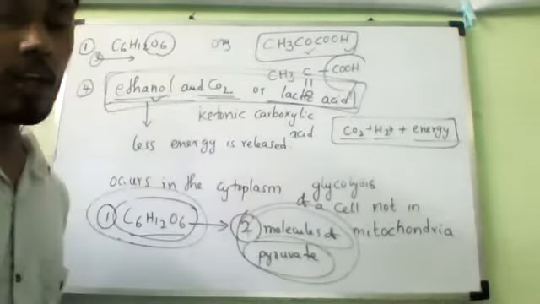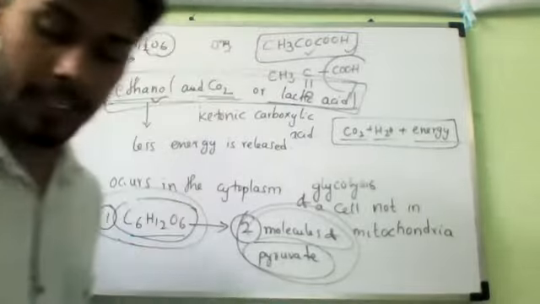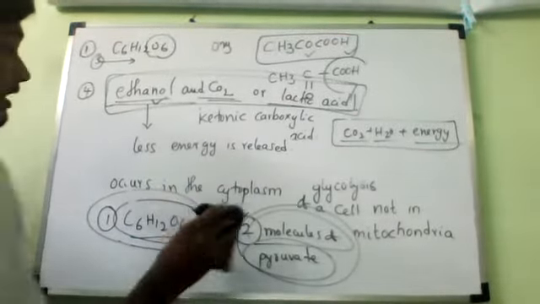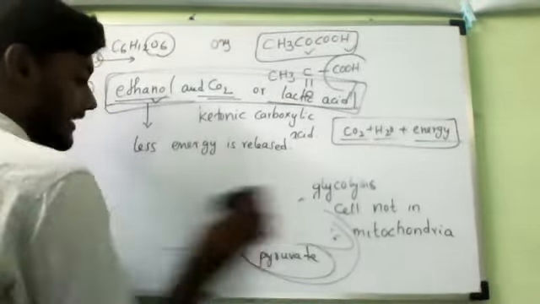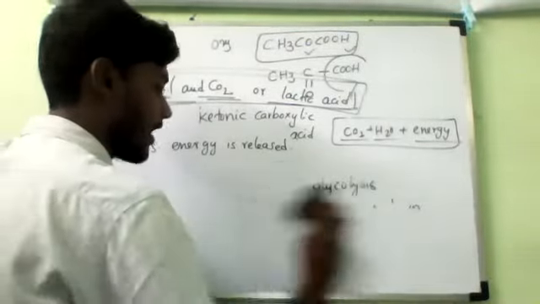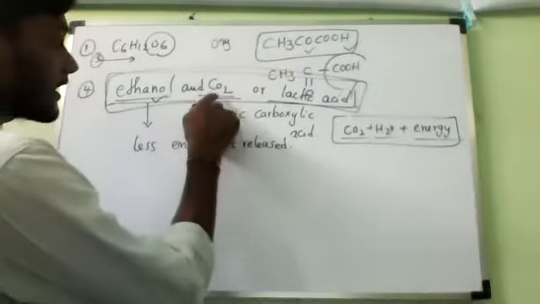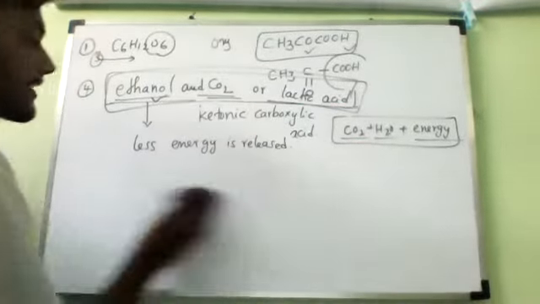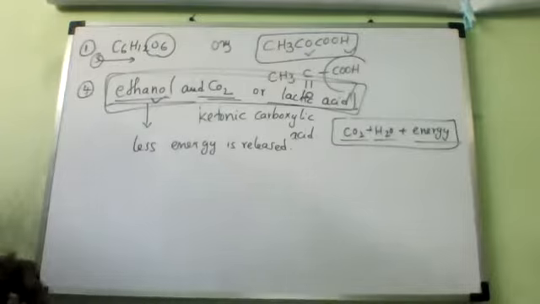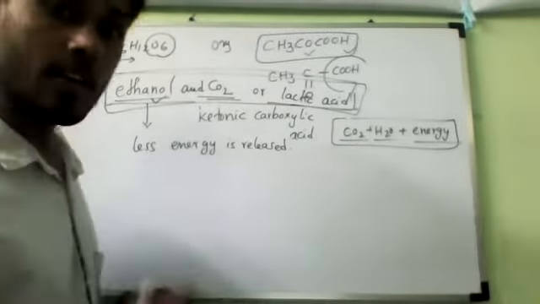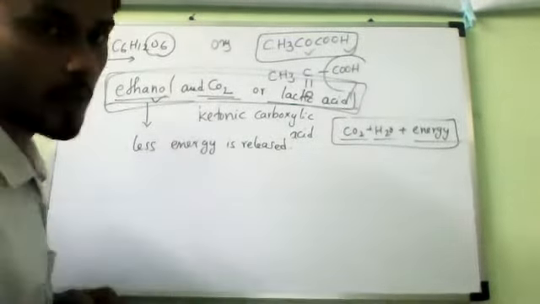Now, let us come to the last point. If we take lactic acid, it may also be produced in the absence of oxygen. Is it yes or no, ma'am? Ethanol and carbon dioxide or lactic acid will be produced. Now this lactic acid is also a 3 carbon atom compound.